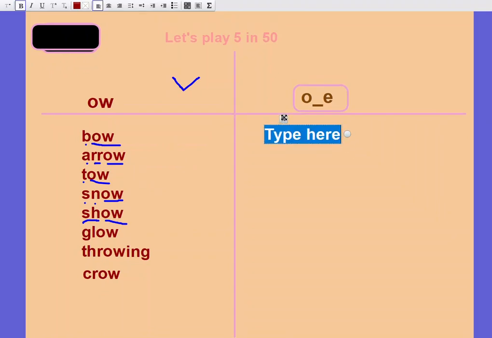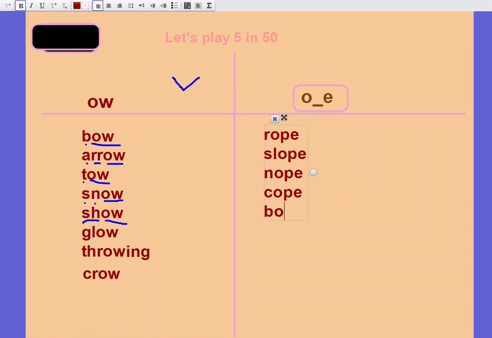Again, rhyming is the easiest way to do this. So you could have rope, then you just rhyme it: slope, nope, cope. And then there are other ones, for example, we could have bone, you could have phone, you could have alone.